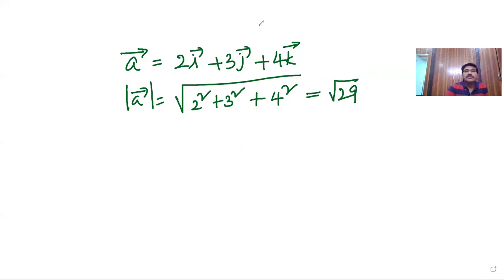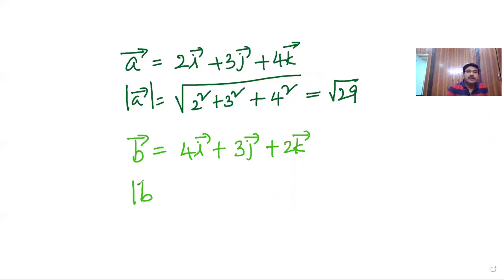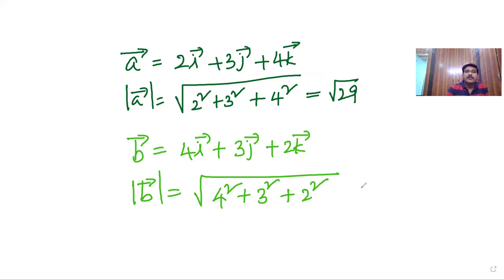Similarly, B bar he has given. B bar is how much? B bar is 4I bar plus 3J bar plus 2K bar. Modulus of B bar, again making use of the same formula, square of all the coefficients: 4 square plus 3 square plus 2 square.